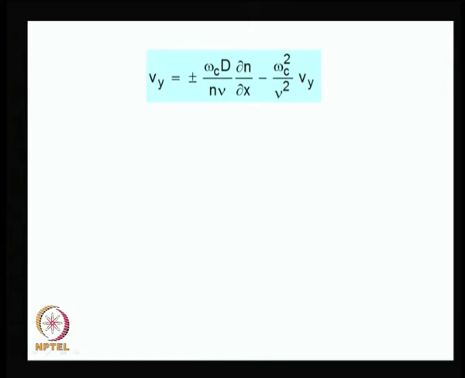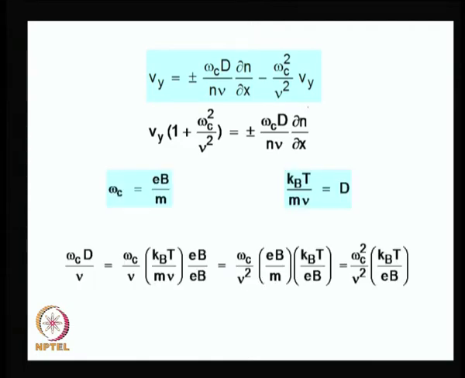So, in this equation you have Vy alone and the density gradient. Now, you take this term to the left side, minus omega c square upon nu square Vy, and you get Vy multiplied by 1 plus omega c square upon nu square equal to plus minus omega c D upon n nu del n by del x.